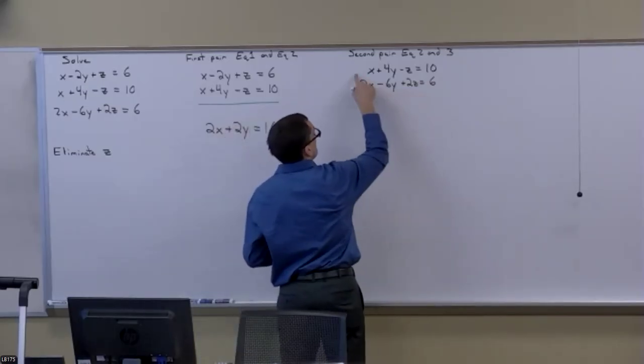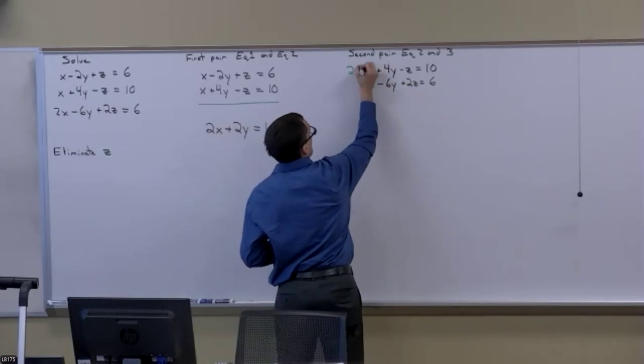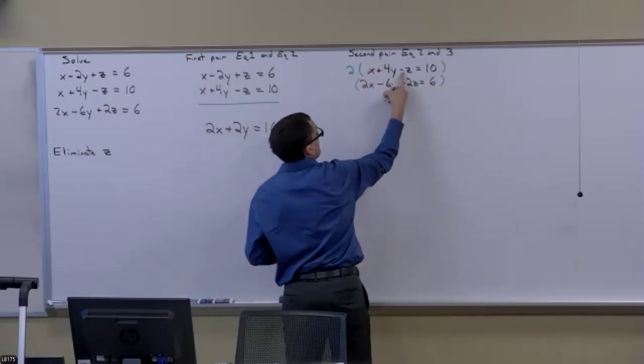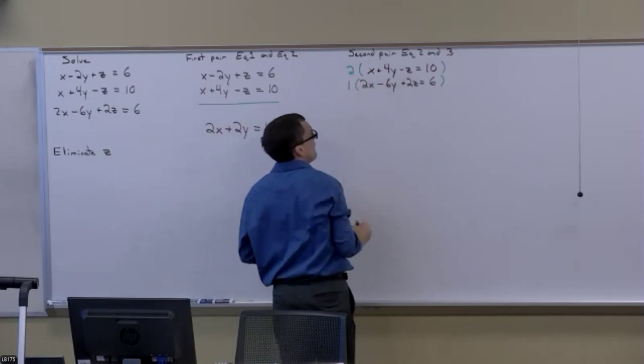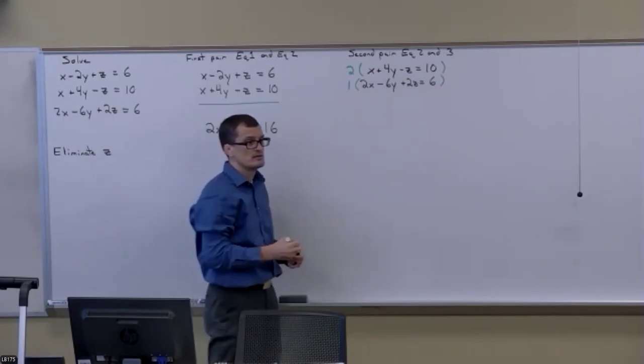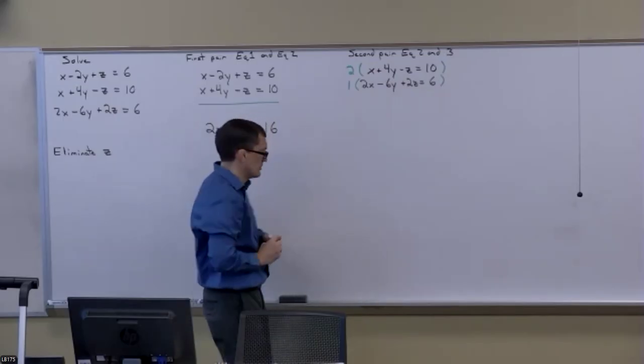The 2 in front of the z I'll put in front of equation 1. Negative 1 in front of the z, I'll put a positive 1 there. And then I'll multiply through.